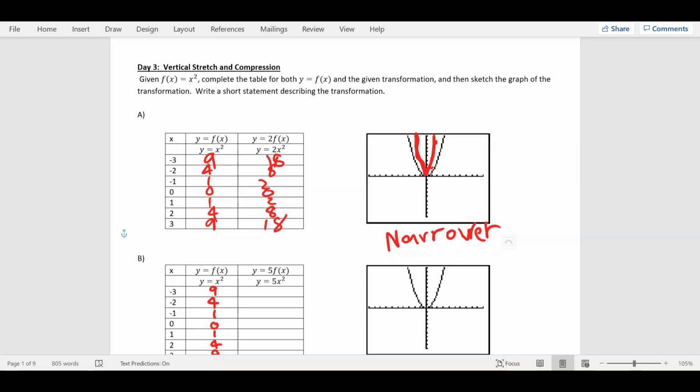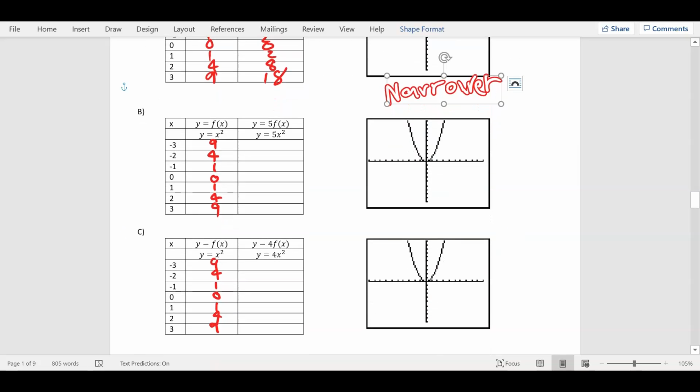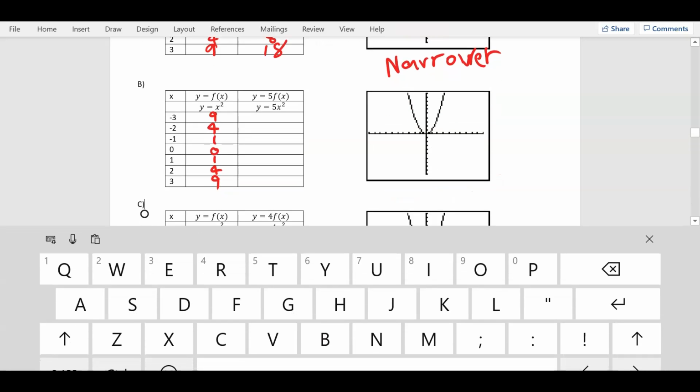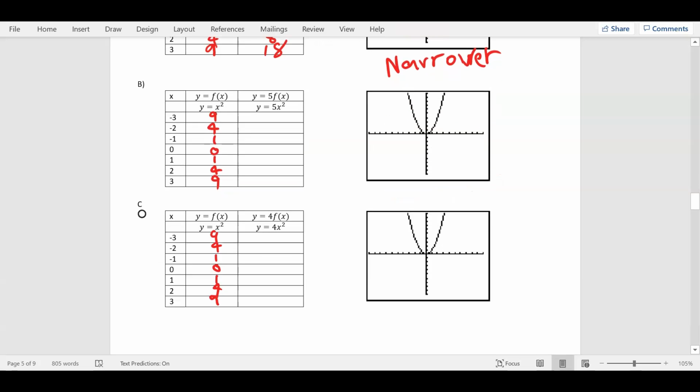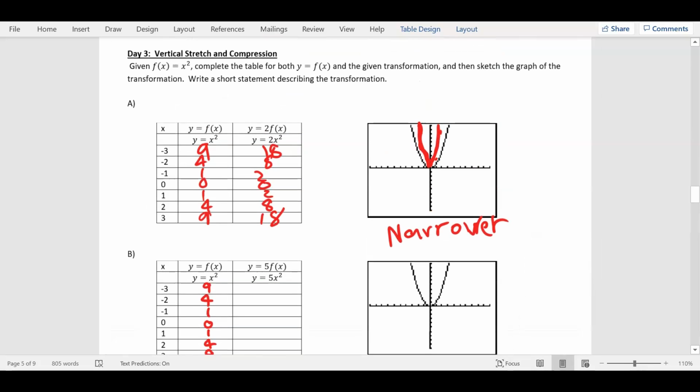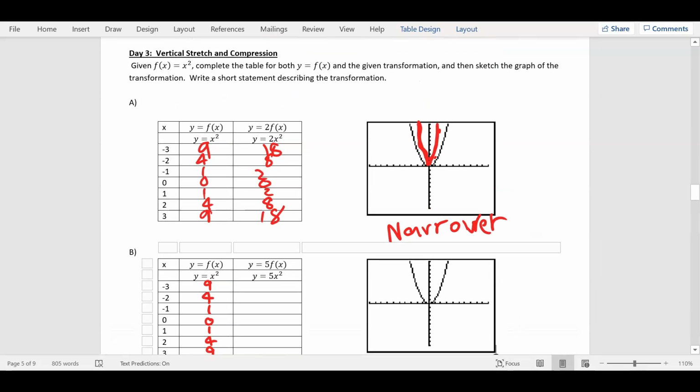So you're going to do B, C, D, and E, right? So there's A. A is done. It's on the board. Let me move it up a little bit so you can see it. Okay, there we go.